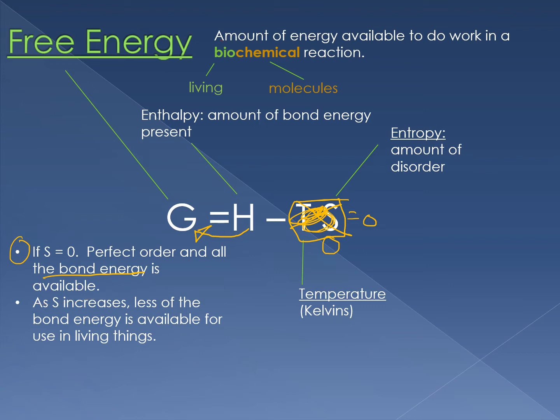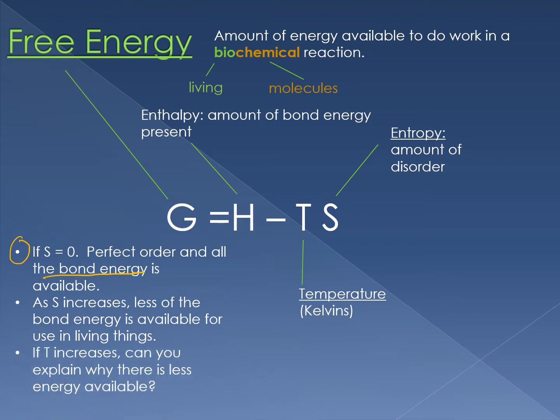As S increases, less of the bond energy is available for use in living things. So as randomness increases, less of the bond energy is available in living things. If T increases, can you explain why there is less energy available? You can pause the video and try to put that in your own words. I already sort of answered it.